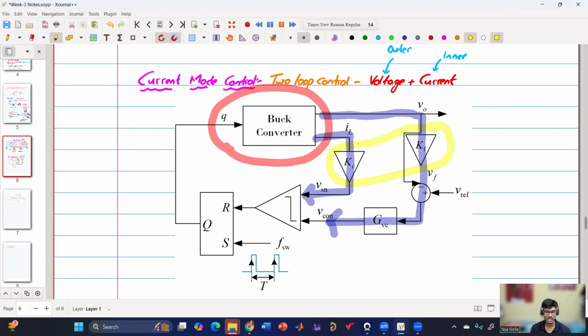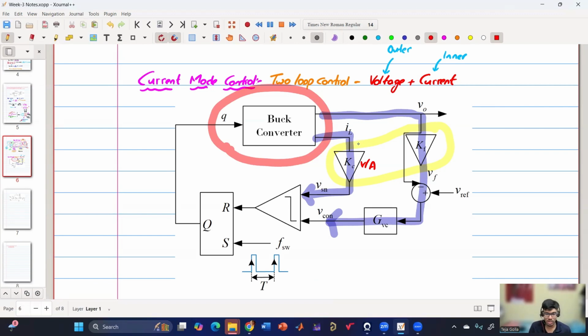Now we need to sense it, and then it has to be made a voltage, because we are dealing with voltages whenever we are comparing using a comparator or anything. So that gain will convert current to voltage, and the units will be voltage per ampere. So here it is converting the current into voltage.